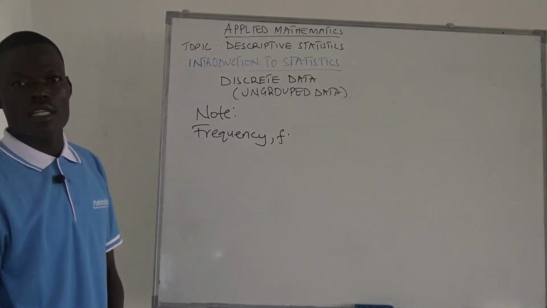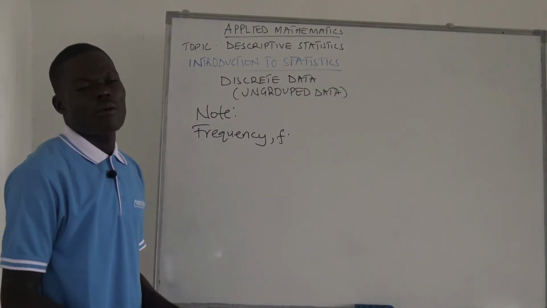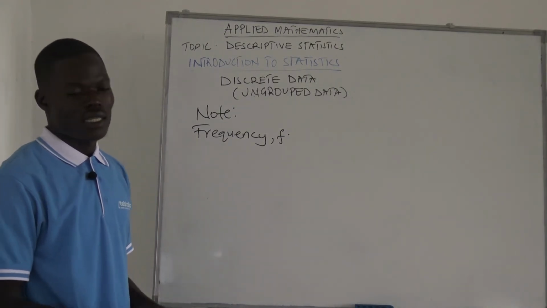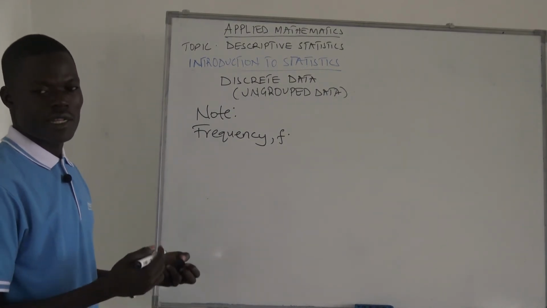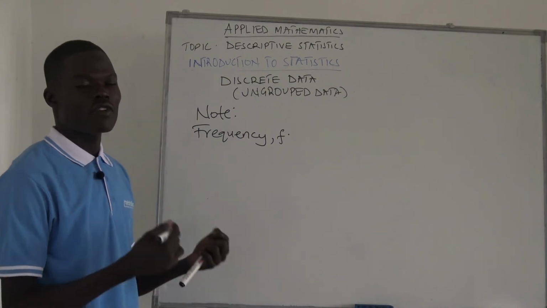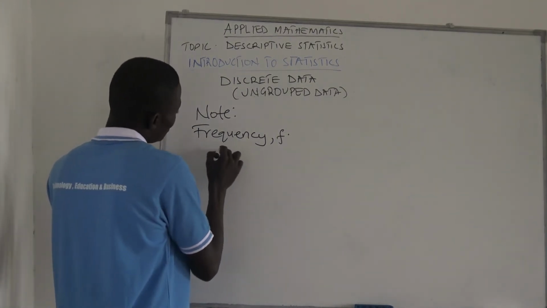Frequency, which is denoted as small f. What is the frequency? Frequency is the number of times a value or an item appears.